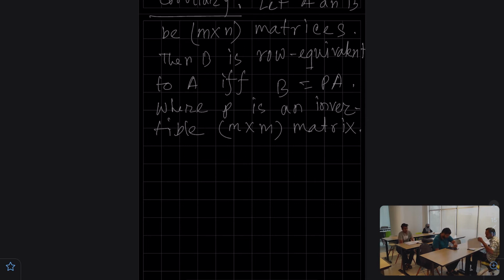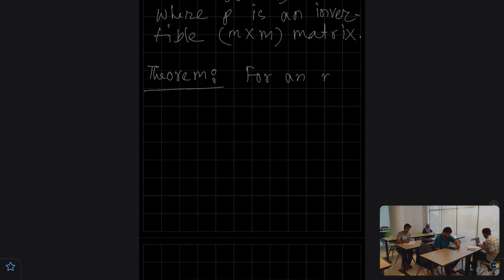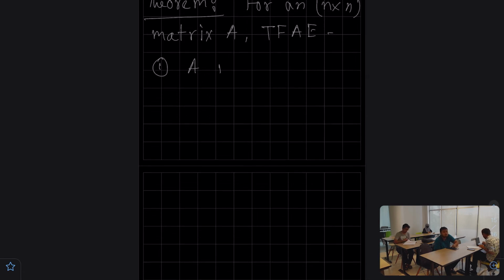Then, okay, so there is another theorem, and we are going to conclude this section. For an n cross n matrix A, the following are equivalent. 1. A is invertible. 2.